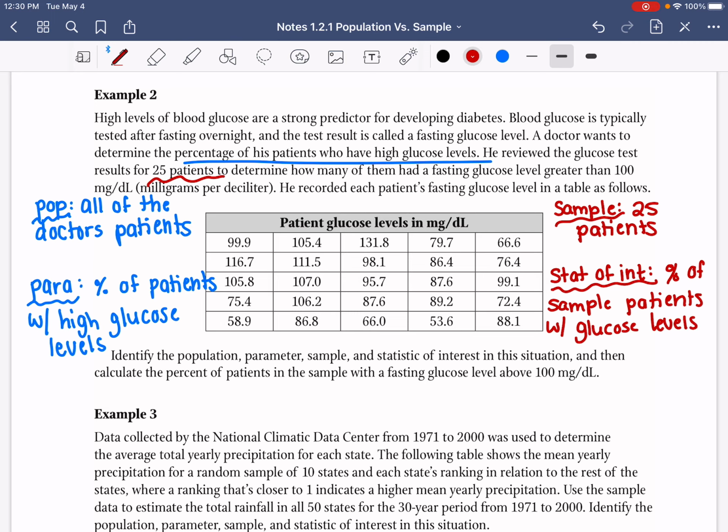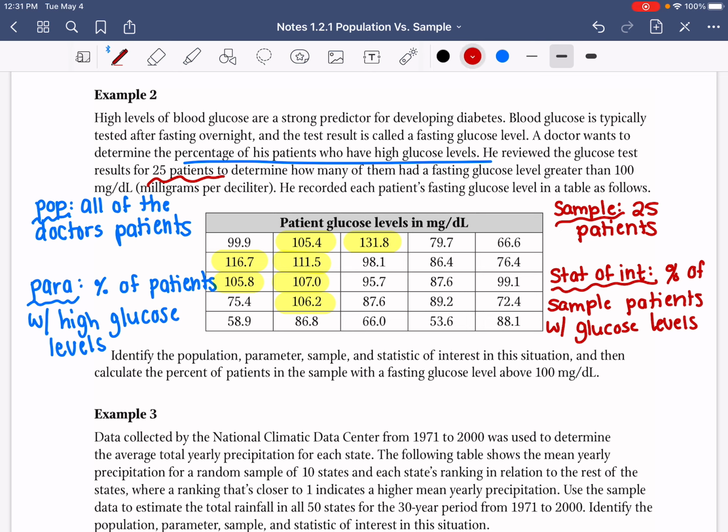So that wants us to identify population, parameter, sample, statistic, and then calculate the percent of patients that have a glucose level above 100. So I'm just going to go through and highlight all of the numbers that are above 100. And then I'm going to just count how many there are.